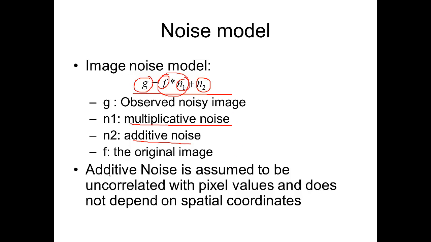The additive noise is assumed to be uncorrelated with pixel values, and it does not depend on spatial coordinates. So that's the additive noise. If you have learned statistics theory, then that's very easy to understand here.